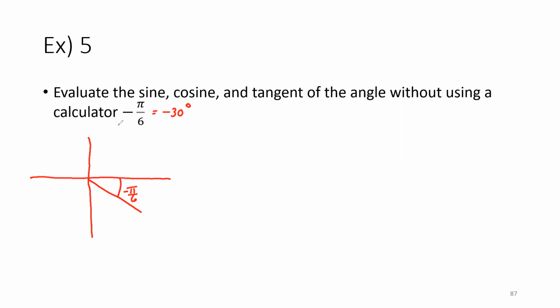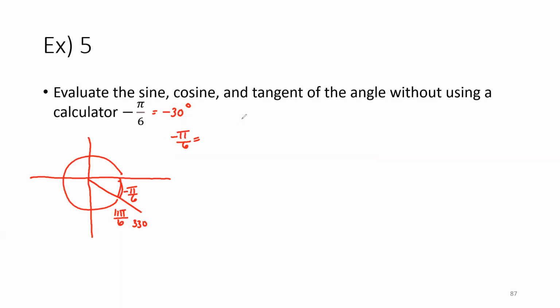So this is negative pi over 6. Did you know that negative pi over 6 is also equivalent to, if you go clockwise, the same thing as positive 11 pi over 6, or 330, right? How did I get 11 pi over 6?